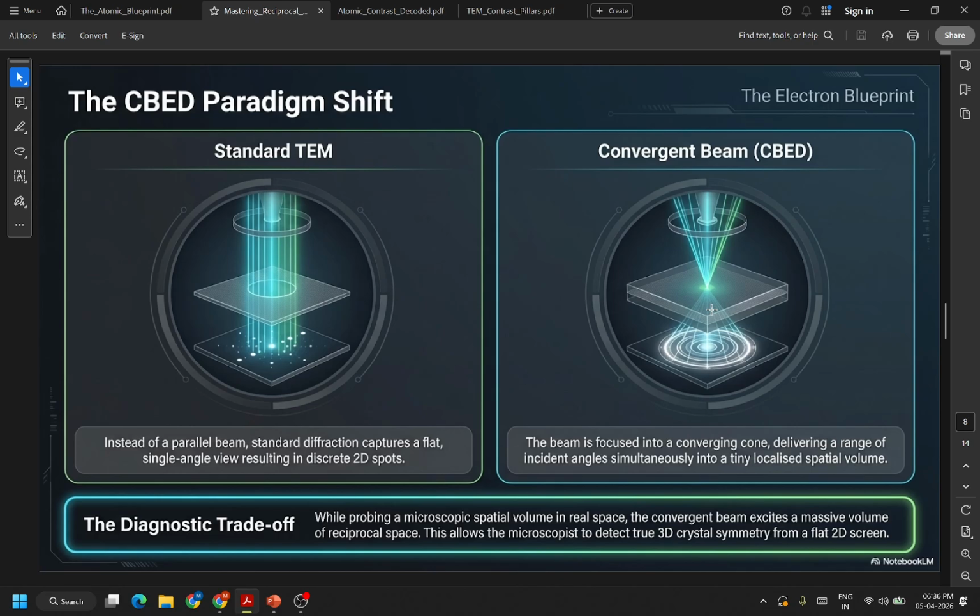So we studied that in standard TEM we use SAD, where we use a parallel beam and we get individual spots, whereas in CBD the light converges on your sample and then it diverges, resulting in discs instead of spots.